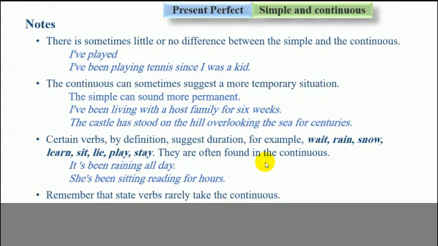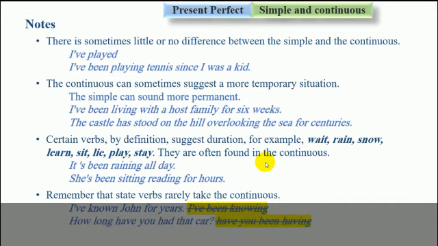Now, we need to remember that state verbs rarely take the continuous. For example, I've known John for years. I can't say I've been knowing John. Even me, I can't say it, right? So it's not correct to say I have been knowing. Another example: how long have you had that car?